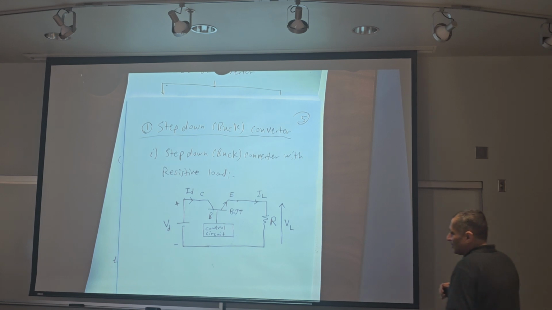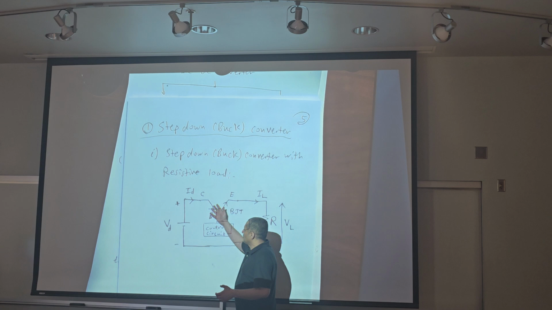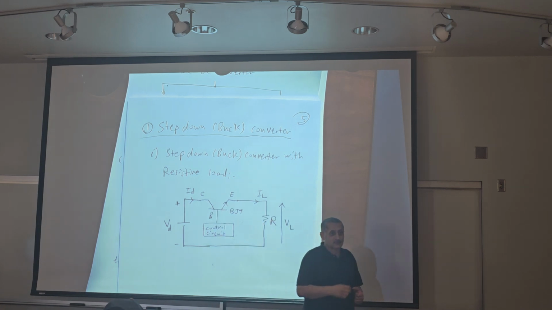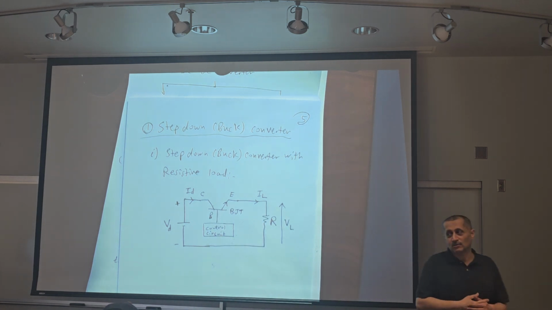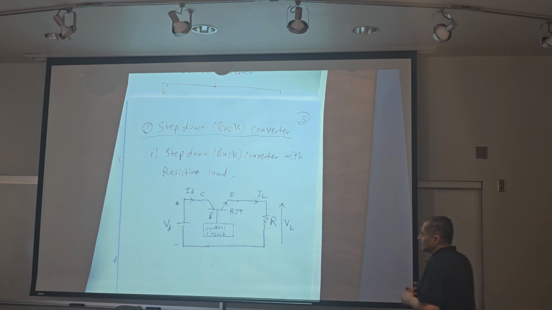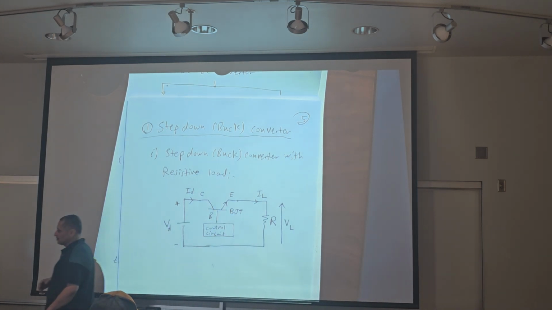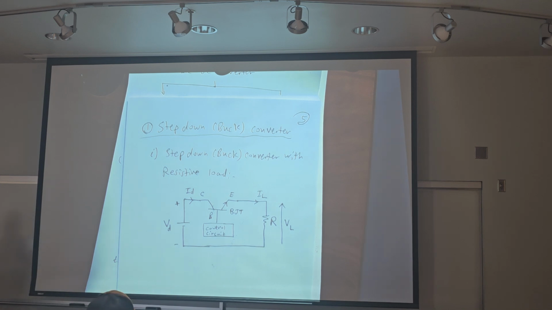Most practical circuits are implemented using IGBT, insulated gate bipolar transistor. Why IGBT? Because IGBT is used for high voltage, for 11 kilovolt or more.